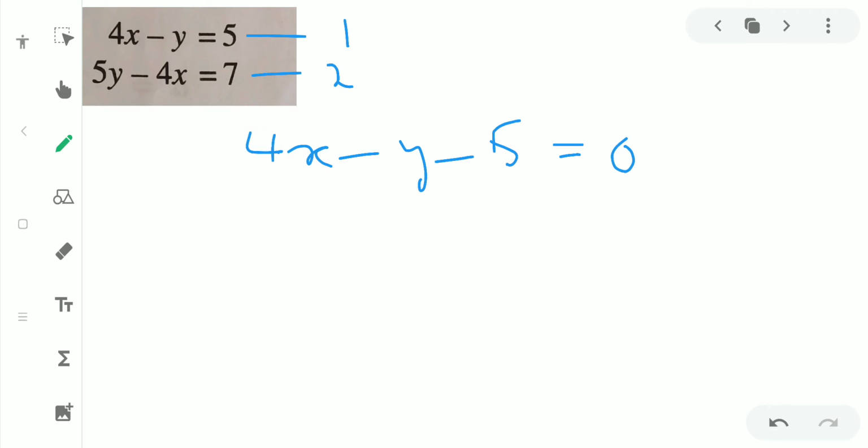Next is 5y minus 4x minus 7 is equal to 0.